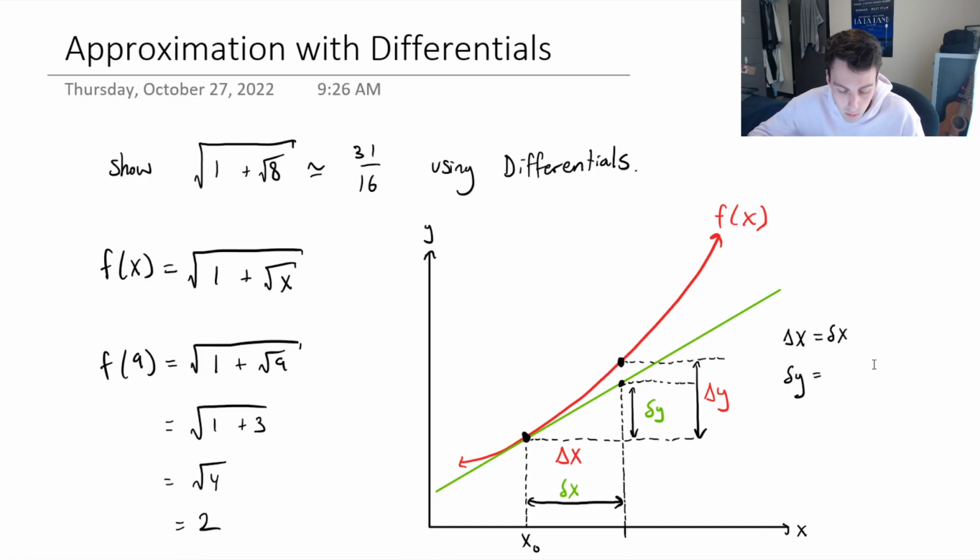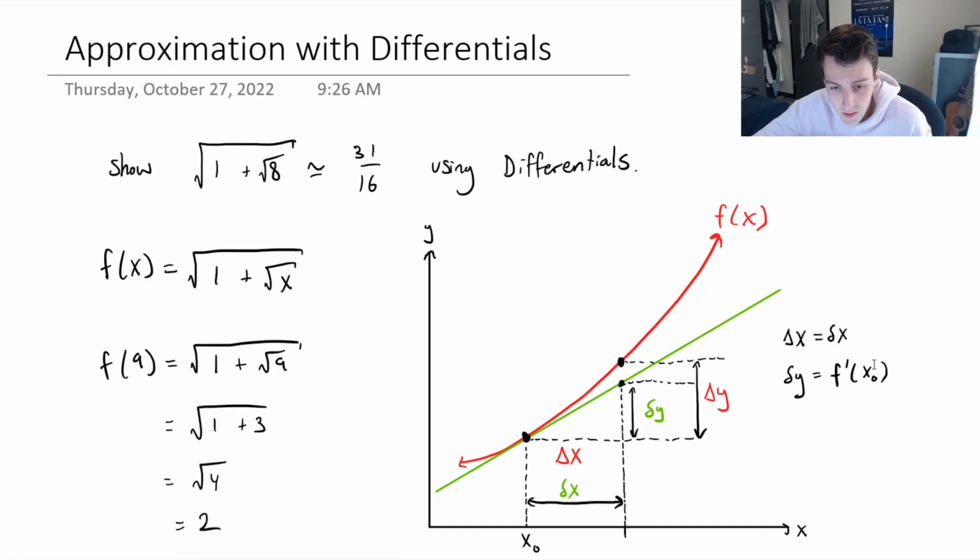Well, this would be equal to the slope of the tangent line times the change in x, right? So the slope of the tangent is just the derivative at that value x naught times the change in x, excuse me, right? Because slope is rise over run. Multiply that by the run, and we just get the rise, which is the delta y.